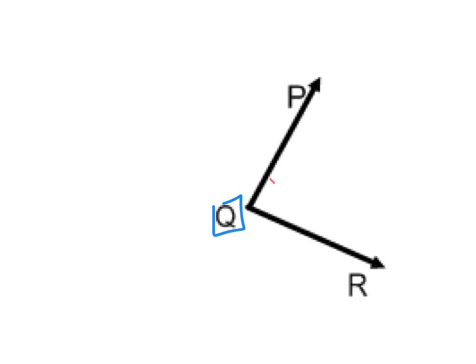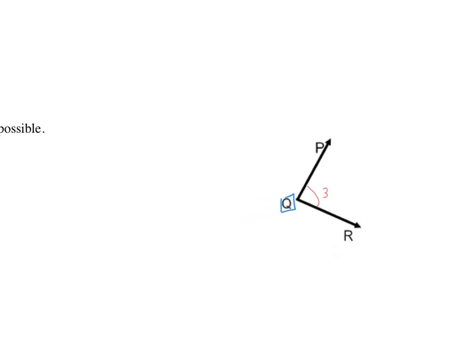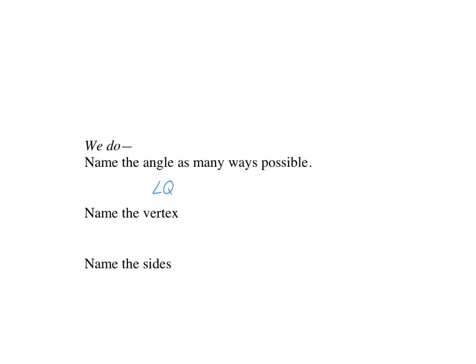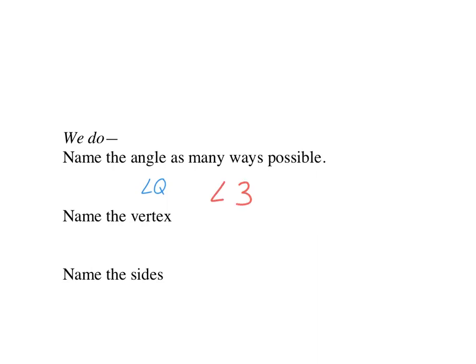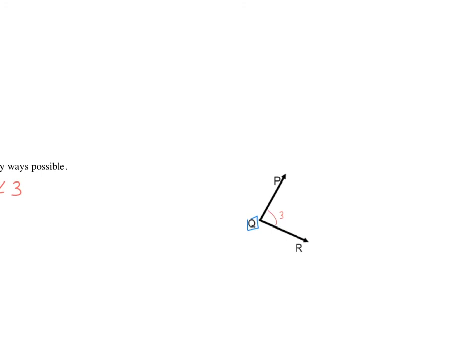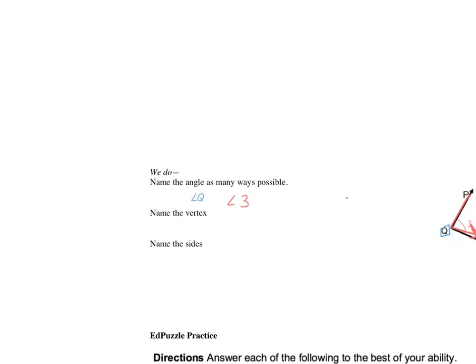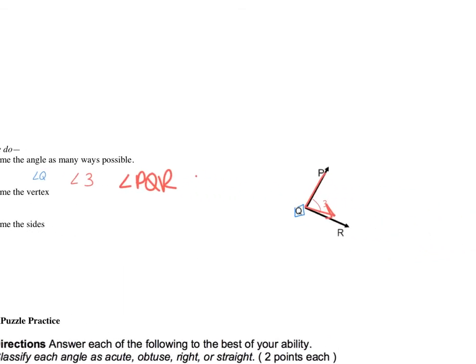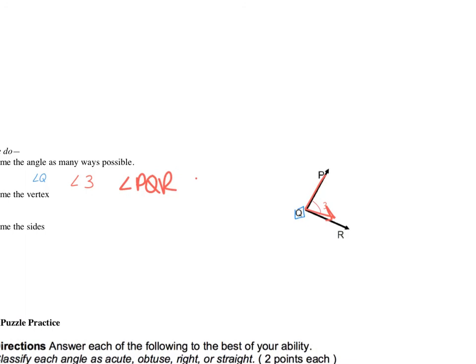I can put a 3 here, so I can name it angle 3. I could have also named it angle 1, 2, 4, 5, whatever you wanted to. I could also name it angle PQR. Or I can name it angle RQP.